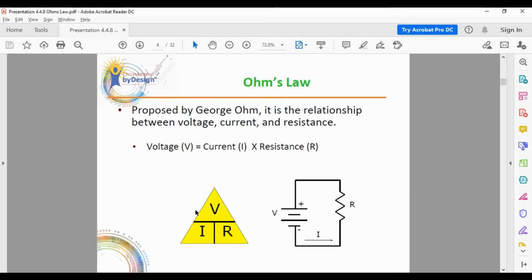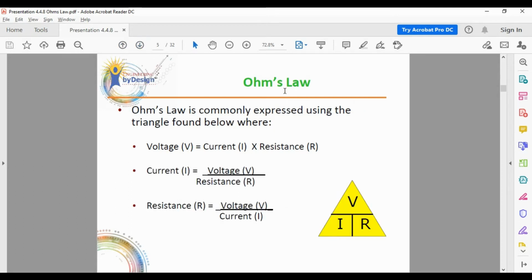I've seen it written before in this triangle, because if you are trying to solve for either current, which is I, or resistance, R, then what you end up with is voltage divided by either the I or the R. Solving for resistance, you get R equals V divided by I. If you're solving for current, you get I equals V divided by R. And if you're solving for voltage, you get V equals I times R. That's how these equations work.